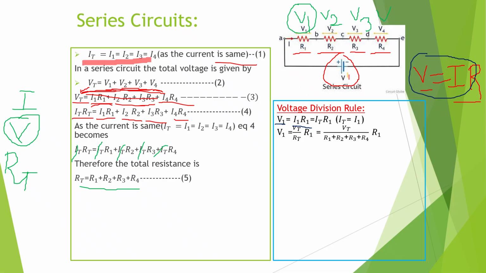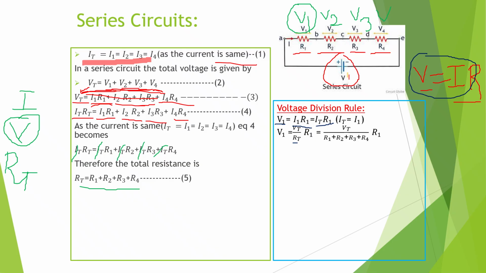So I am writing it as I1 into R1, where we know the current is the same, therefore IT into R1. When you are writing it as total current into R1, you replace the current with V by R, so it is VT by RT. Here RT is equal to R1 plus R2 plus R3 plus R4, into R1.